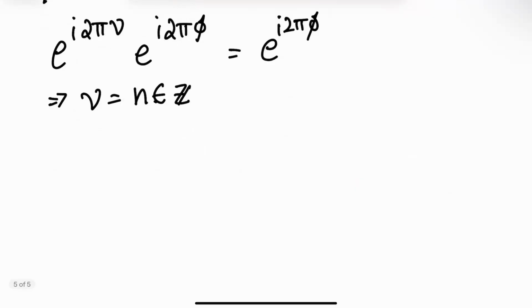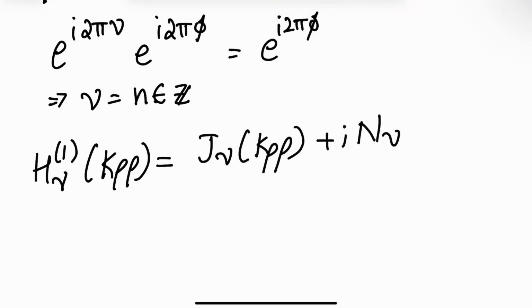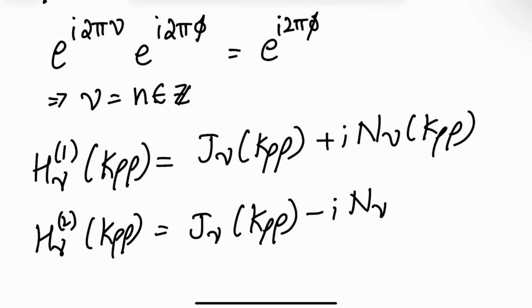Okay, and I should also mention that there are relationships between the Hankel functions and the Bessel functions. And very similar to sine and cosine, they are related by the i, right? H nu 2 of k rho rho is equal to J nu k rho rho minus i N nu k rho rho.